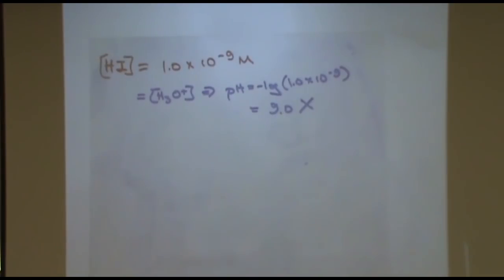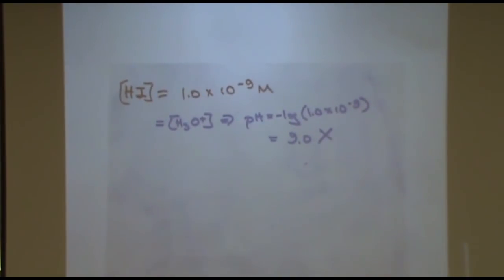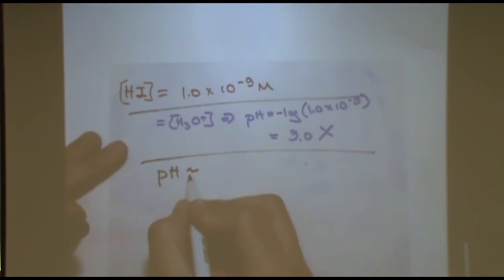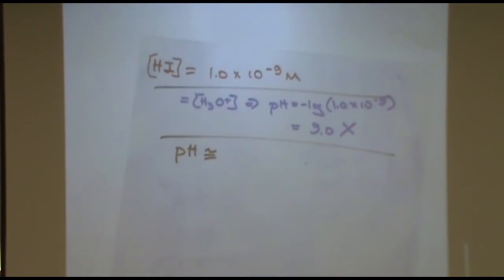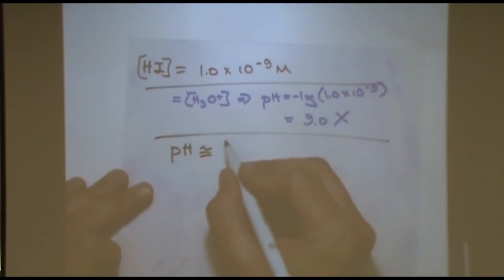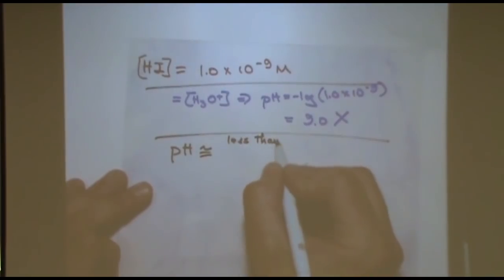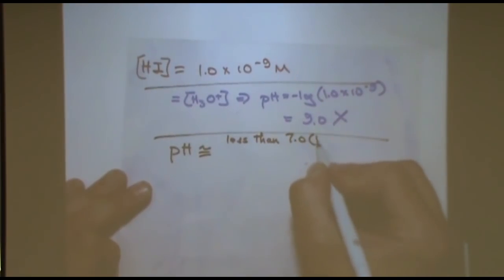So let's do the short version of this. What would you expect to be the numerical answer that you would get? I'll write this in black here. The pH will be approximately 6.9. Well, I'll write words: less than 7, but barely.